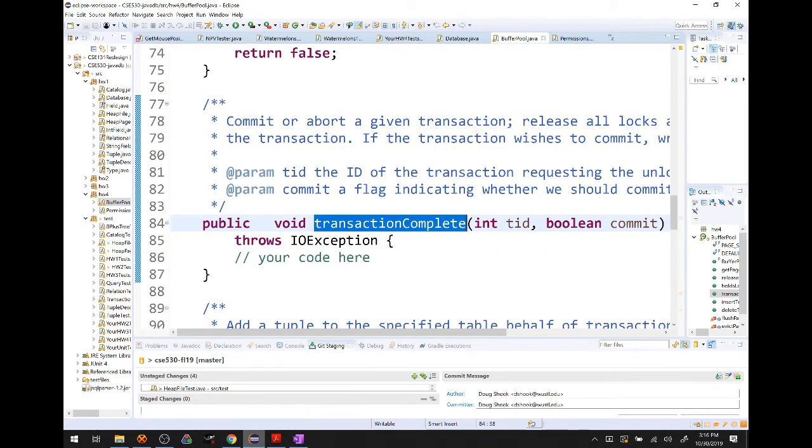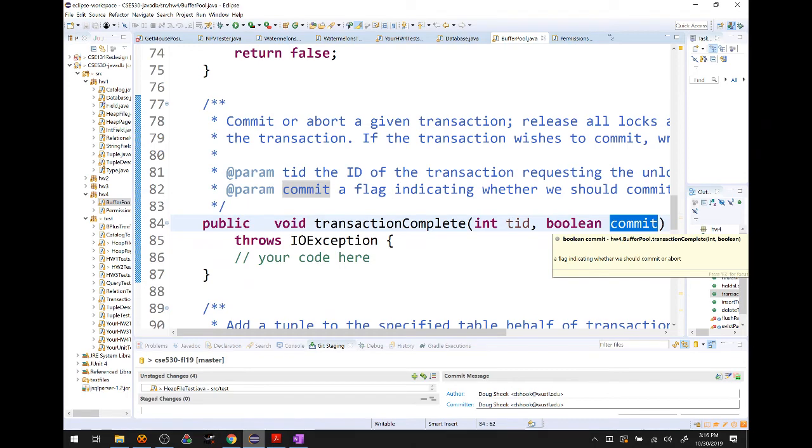But along those same lines, there are actually two ways that transactions can finish. One is they can commit, they can finish successfully. The other is there can be an error, they can abort. We can abort a transaction. And when we abort a transaction, that means that we then have to undo any changes that may have been made to its data. So something that you're also going to have to think about on this lab is how can I track what pieces of information a particular transaction has changed in the case that a transaction aborts and I have to undo those changes.